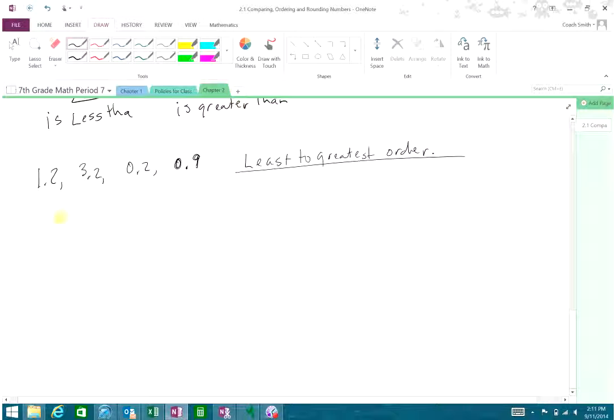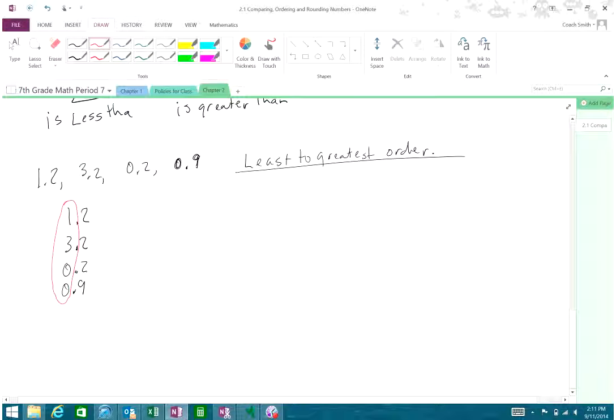Well, the first thing is still stack them vertically. Make sure they have the same amount of digits to the right of the decimal. Do they? Yes.